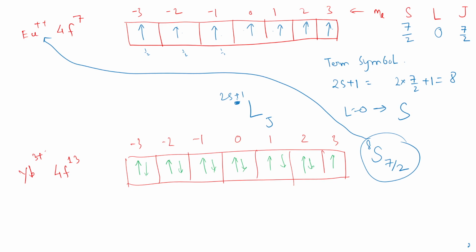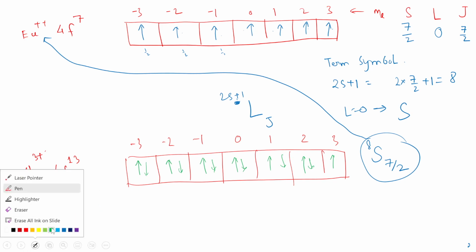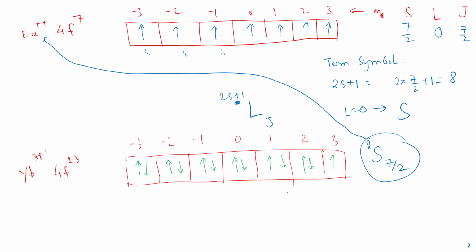Now let us calculate what S is. You see here, this is spin up and spin down. So plus minus 0, plus minus 0, plus minus 0. Only here there is only one free spin. So S is equal to 1 by 2. So 2S plus 1 is nothing but 2.